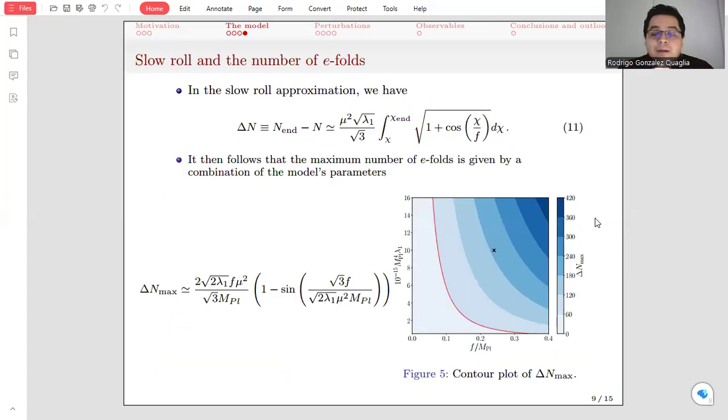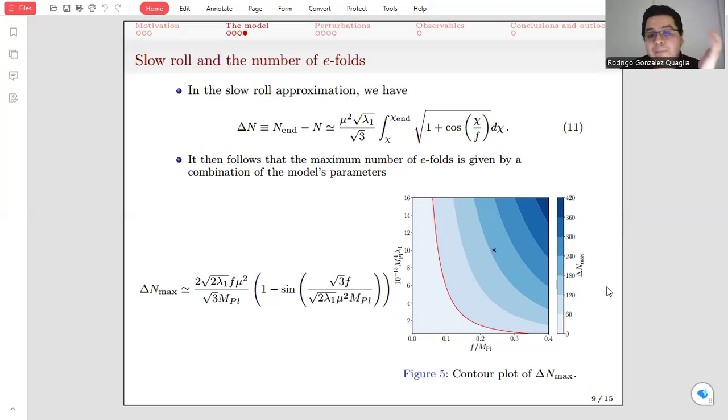In the background dynamics, one can also calculate the number of e-folds, solving this integral here in equation 11, and we can further calculate the maximum amount of e-folds one can have in this model, that ends up being a combination of the model parameters.